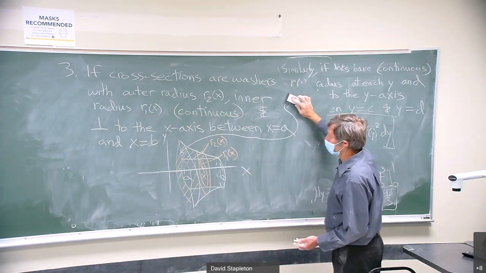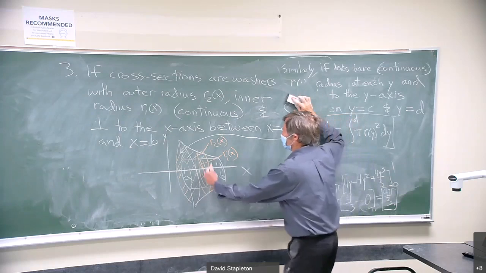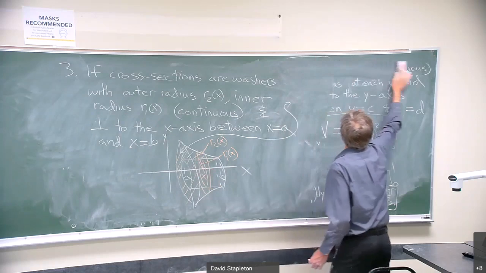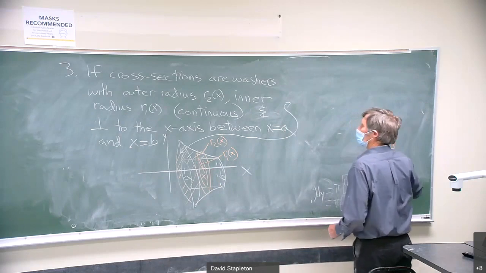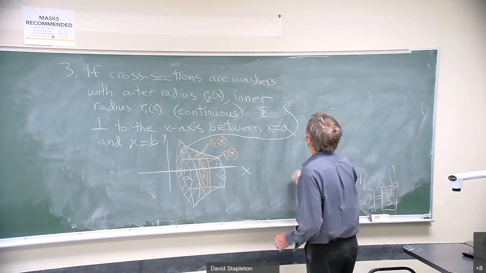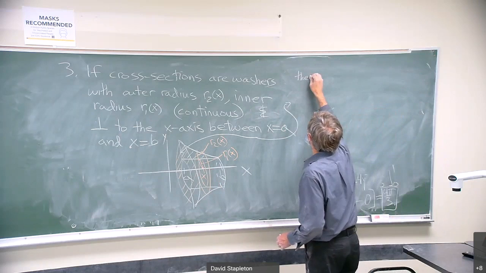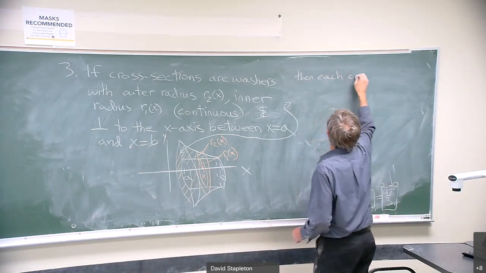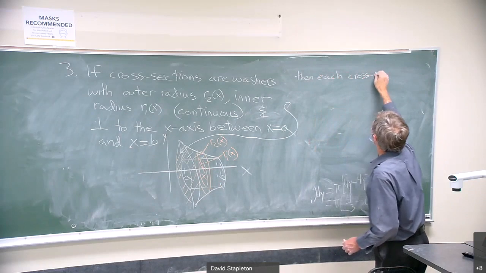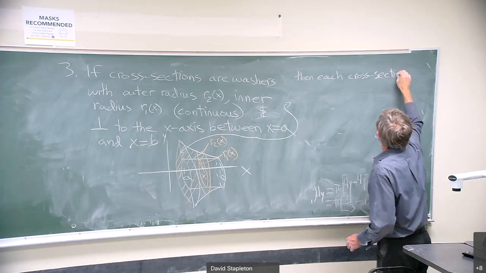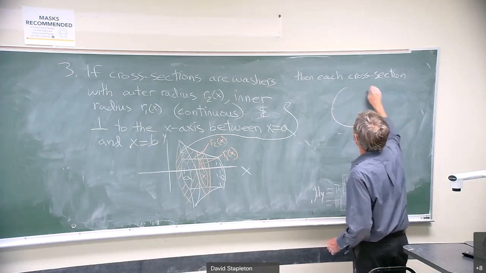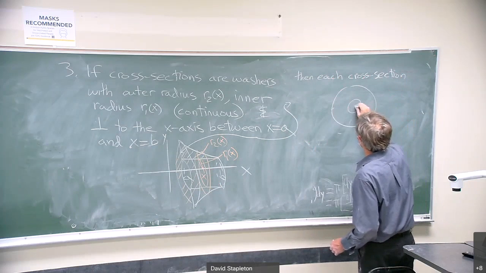Well, look, it's cross sections. Each cross section is a continuous function. What's the area of the cross section? Each cross section is a washer of inner radius R1 of x, outer radius R2 of x. It's like this.